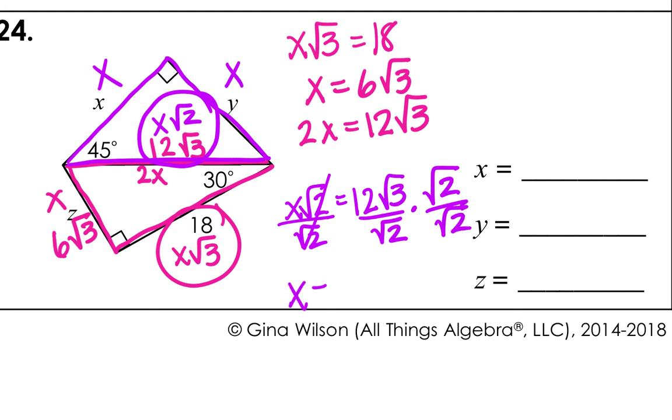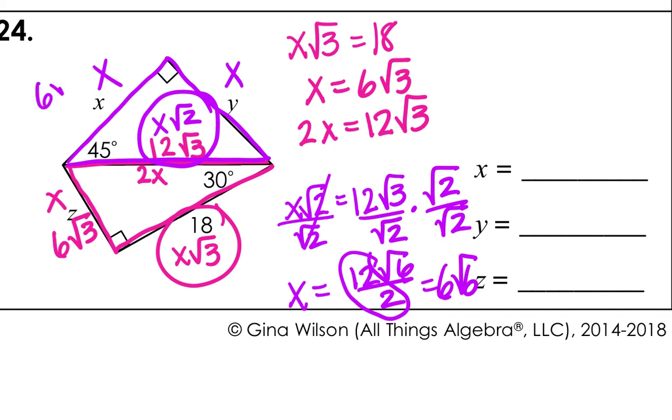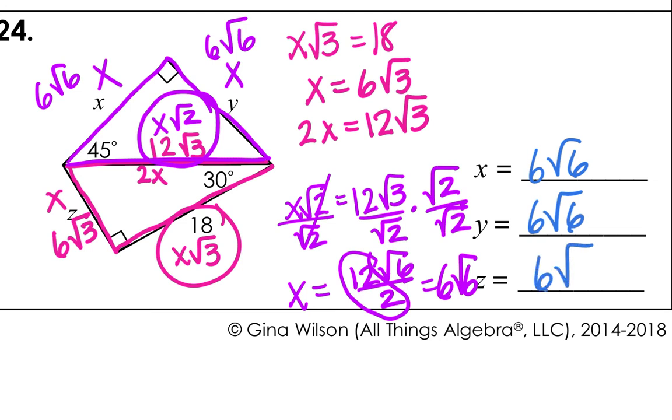So I get x is equal to 12 square root of 6 over 2, and then these two can simplify, so I get 6 square root 6. So now I know this is 6 square root 6, and this is 6 square root 6. So fill it in. Their x, we have 6 square root of 6. Their y, 6 square root of 6. Their z, 6 square root 3.